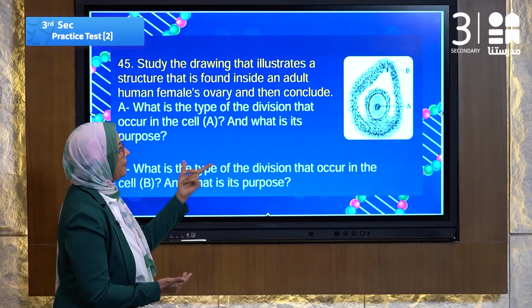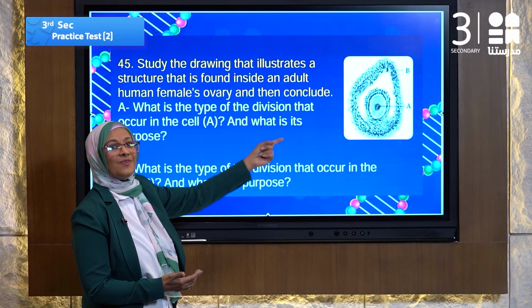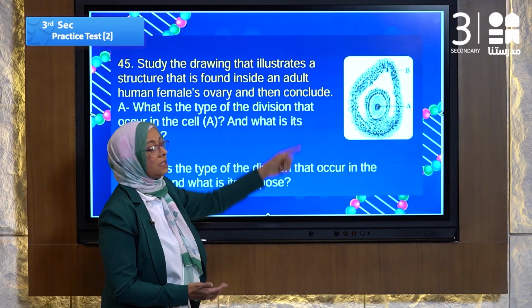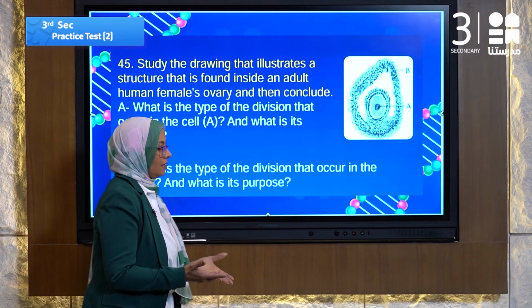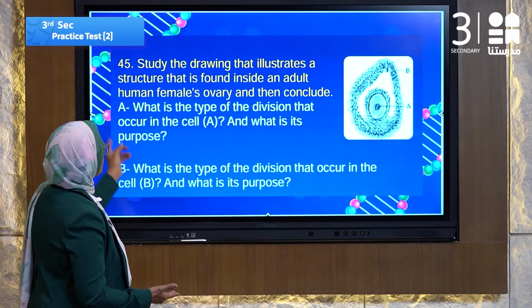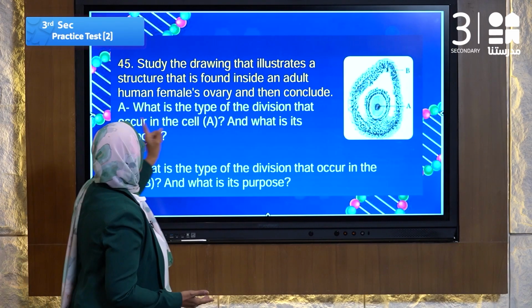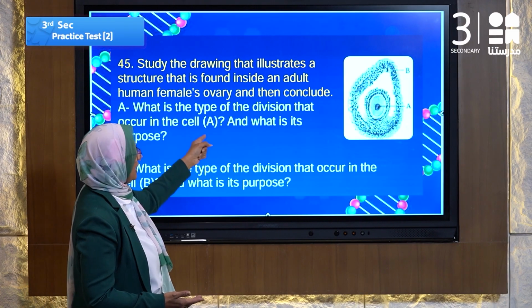A is one cell. B is many cells. What is the type of division that occurs in cell A?